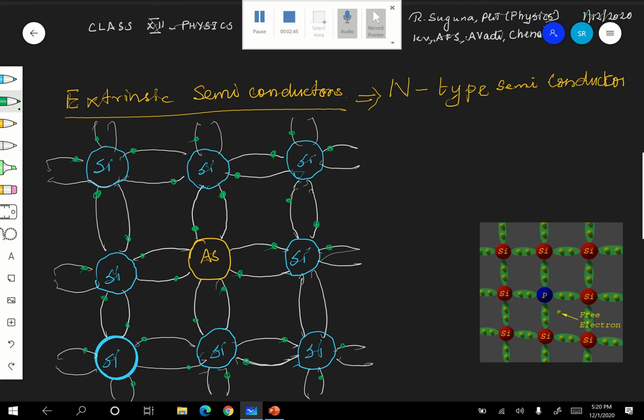Also, I told you about the proportion of impurity. In the case of the N-type semiconductor, a pentavalent impurity is added to tetravalent silicon or germanium.